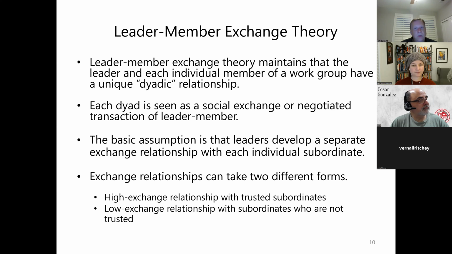If you have a good trusting relationship with an employee, then your dyad will be a high exchange type of relationship, a high exchange dyad where there's a lot of communication, there's a lot of openness, a lot of sharing of information. If you have employees who you do not trust, then it will be a low exchange dyadic relationship, meaning that you won't have the same exchange of information. You won't have the same type of relationship you would have with someone that you trust.